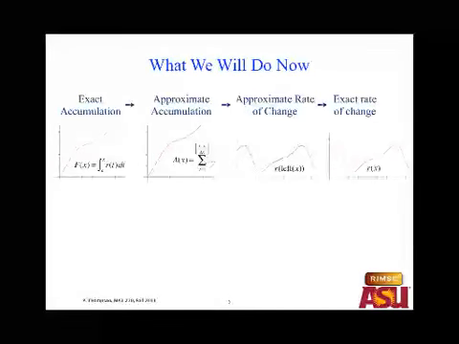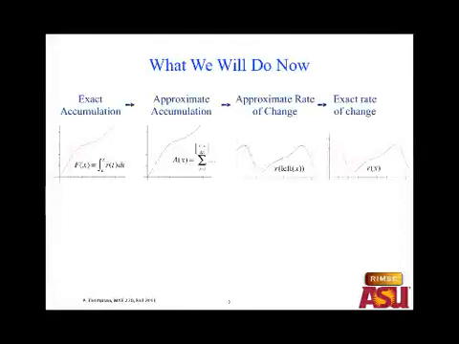So what now? Going the other way. Start with exact accumulation, build an approximate accumulation, from that an approximate rate of change, and then get an exact rate of change. This will be a much shorter journey because all these tools that we developed in the process we already have at our disposal. Like for instance, left x. We don't have to build that again.